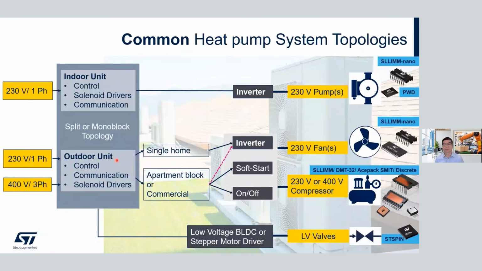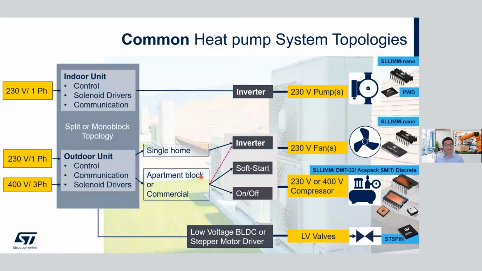If we come to the higher power requirements, which is normally in the outdoor unit, we can see a differentiation between a single home, so single residential, or large residential, in terms of apartment blocks or even commercial buildings. Commercial buildings and apartment blocks, of course, have, due to their larger sizes, a larger heat demand.